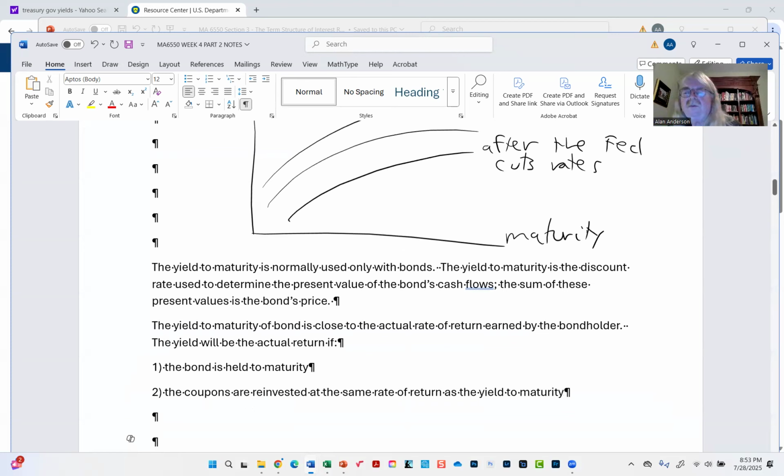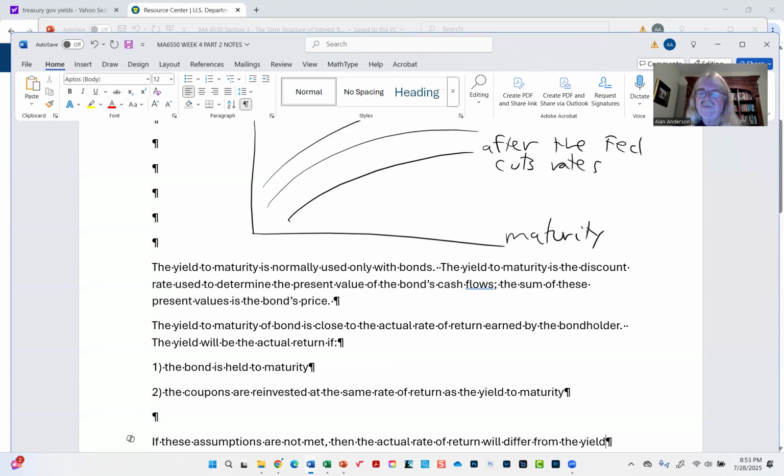Not that a lot of people don't hold bonds to maturity; it's the reinvestment part that can be different. So if these assumptions are not met, then the actual rate of return will differ from the yield to maturity. It may not be very much, but it won't be exactly the same.